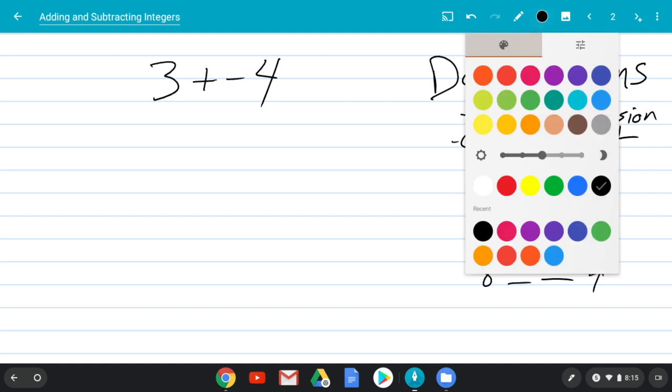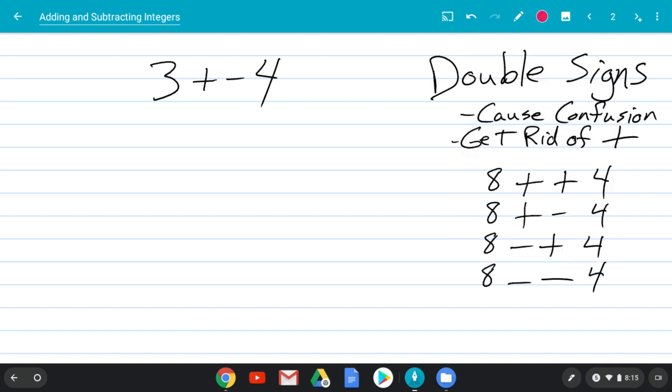So, if I have 8 plus a positive 4, what am I going to get rid of? A positive. Which one, Coach Herman? Doesn't matter. Whichever one you want. Whichever one floats your boat.